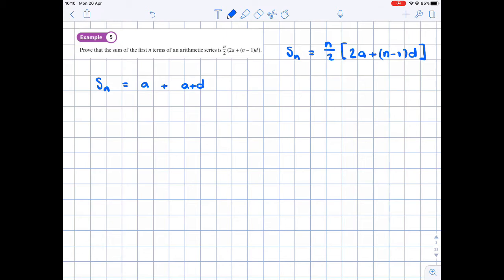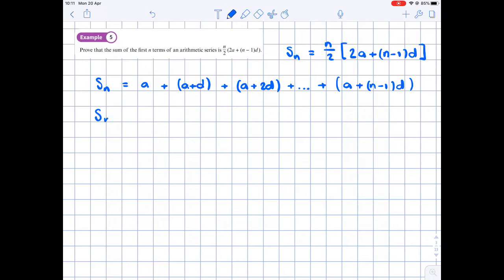plus the next term. In an arithmetic sequence the next term is the first term plus the common difference. To find the next term, we have a plus 2 lots of the common difference. And if we keep going with this, we will get to the nth term. Now the nth term, as we know from before, is a plus n minus 1 d.